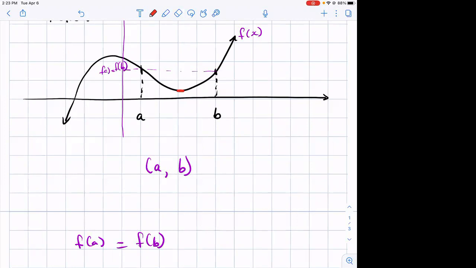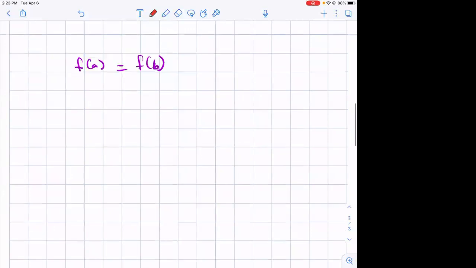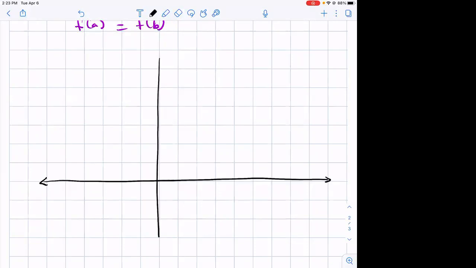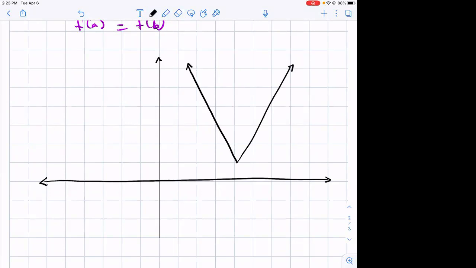And you can pick many functions if you want, right? Think of any function. Now, here's a case that I want you to explain to me why this is not the case for this function. And if you know the answer, keep it to yourself, okay? I'm going to ask for volunteers.